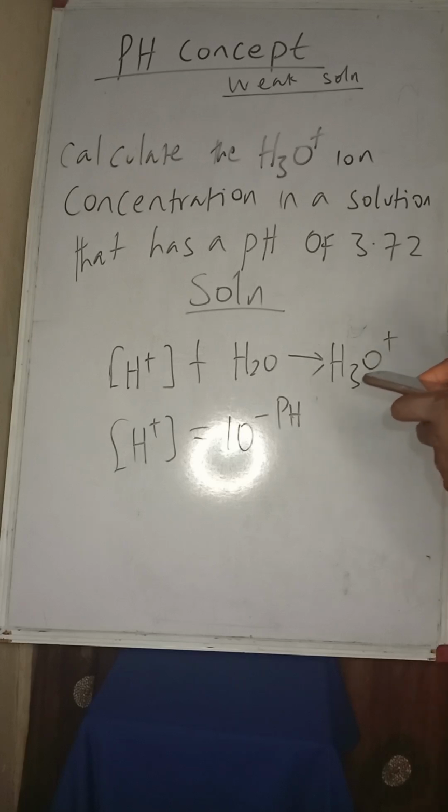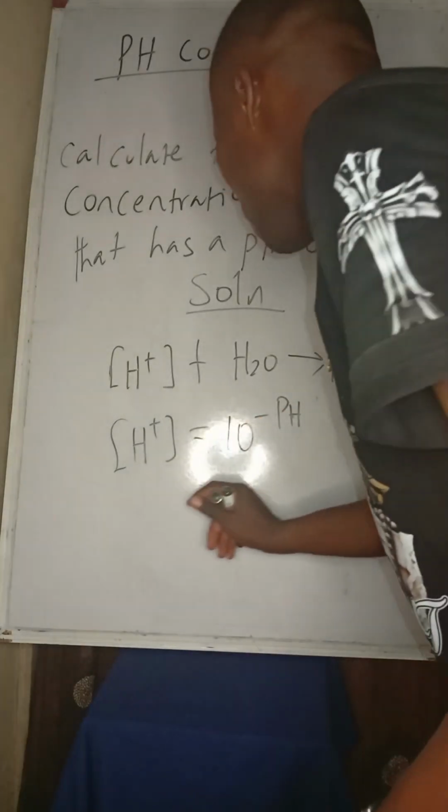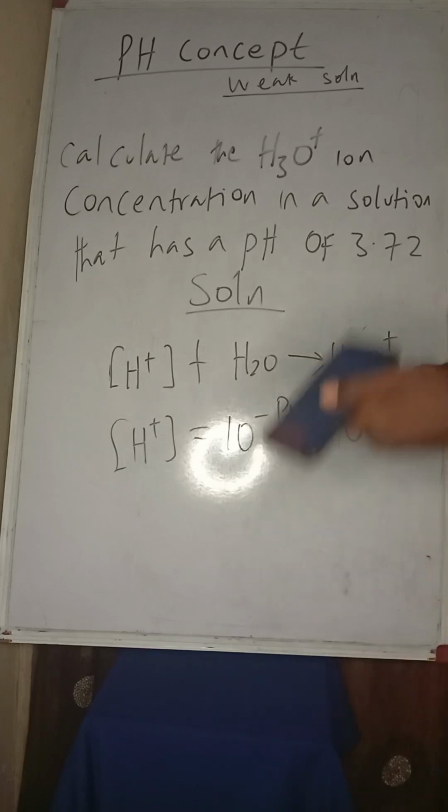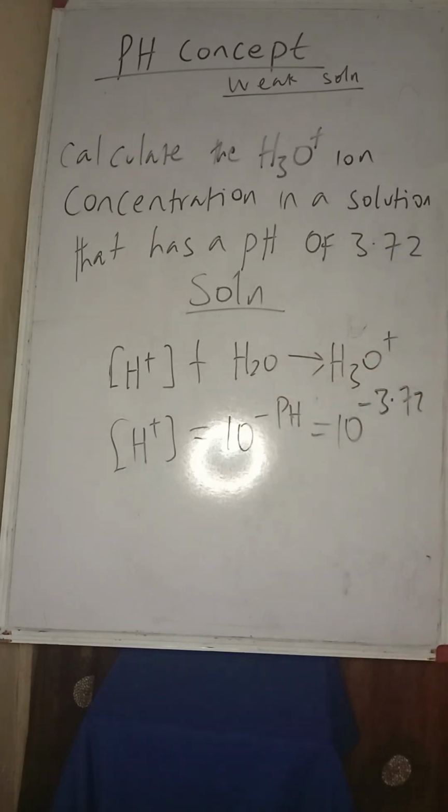The pH is 3.72. So I should have 10 raised to the power of minus 3.72, and that should give me 1.9 times 10 raised to the power minus 4.